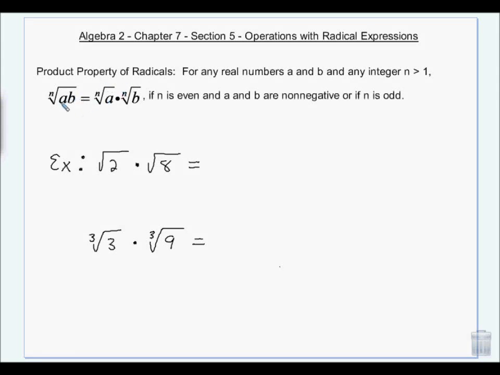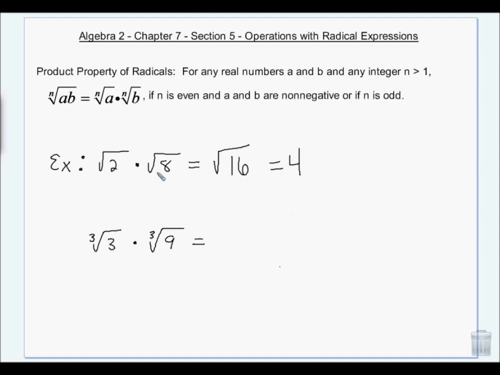Multiplication, and basically what this says is if you have a product under the radical, it's the same thing as the radicals of the two factors multiplied together. And it can go two ways. So I have the square root of 2 times the square root of 8, which would give me the square root of 16, which is 4.